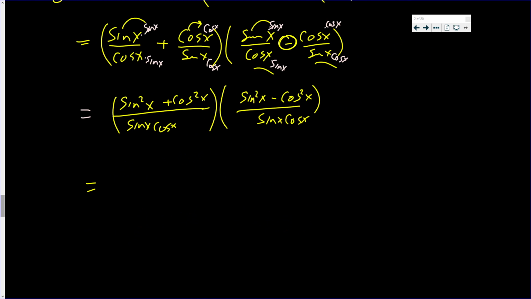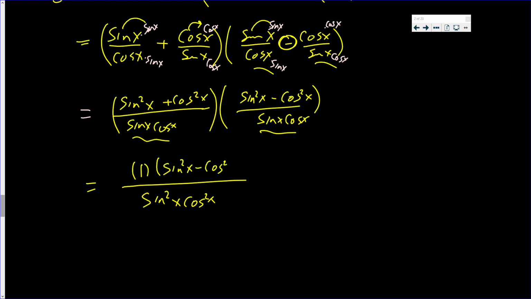So the denominator is going to be sine squared x cosine squared x, because you multiply them. The first numerator is 1. The second numerator is sine squared x minus cosine squared x. You don't need that 1 in the front.